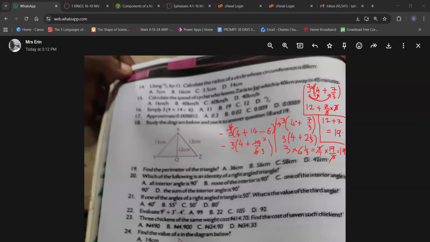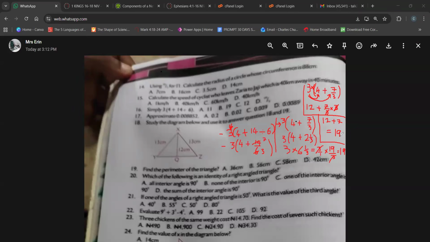All right, number 17 is approximation. Who can do it for us? When they say you should approximate something, what does it mean? To approximate to the nearest. Now, do you see the problem with this question? Who can tell me the problem?